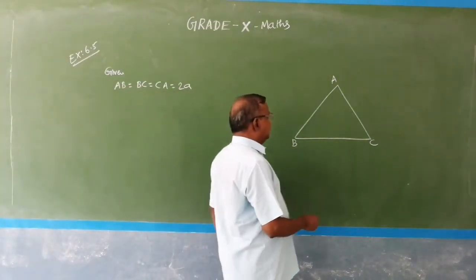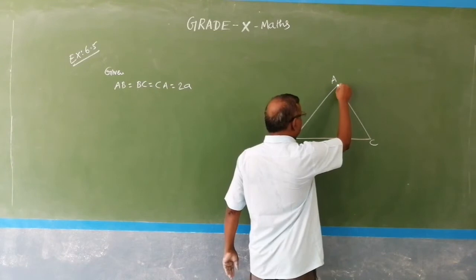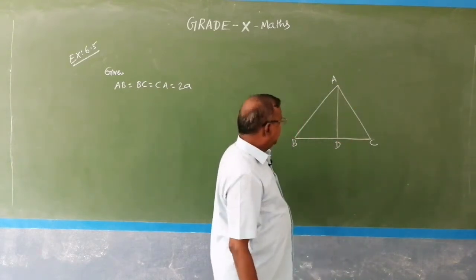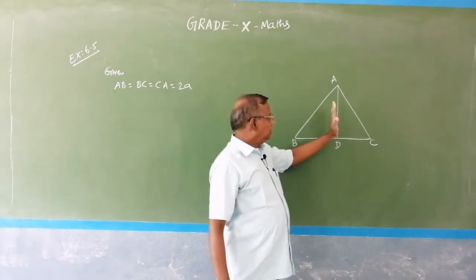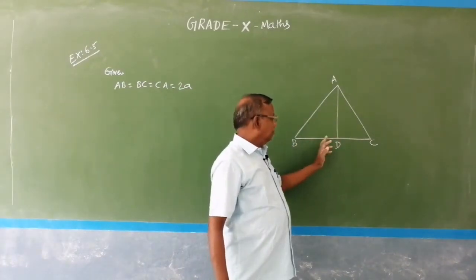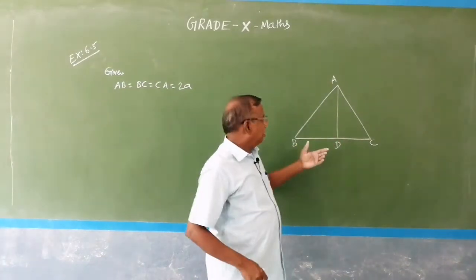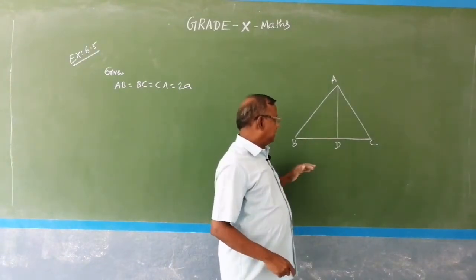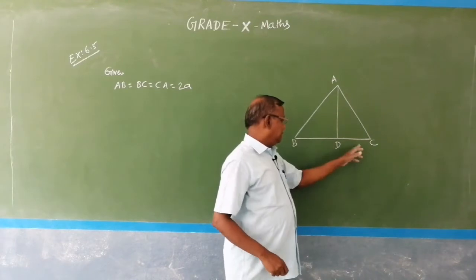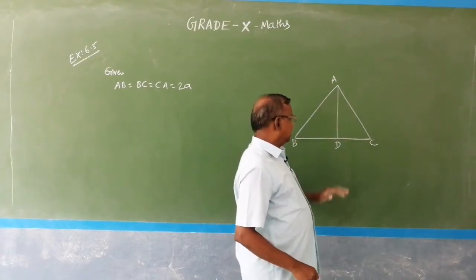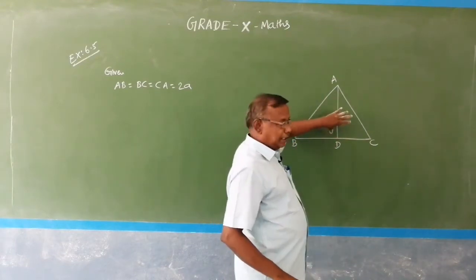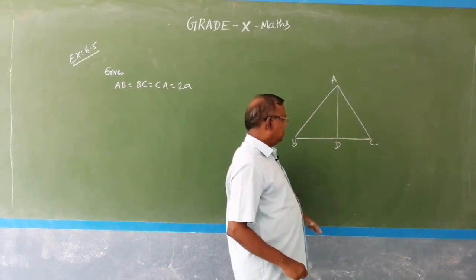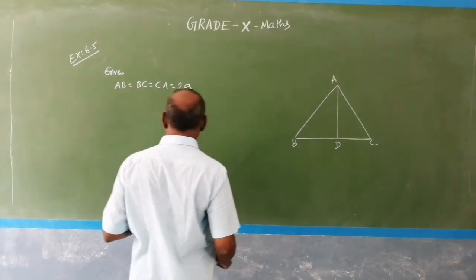First, let me take one altitude AD. In an equilateral triangle, the altitude acts as a median also. So, it is a bisector of the side BC and also an angular bisector. It is a special type of triangle in which the median and the altitude are the same.